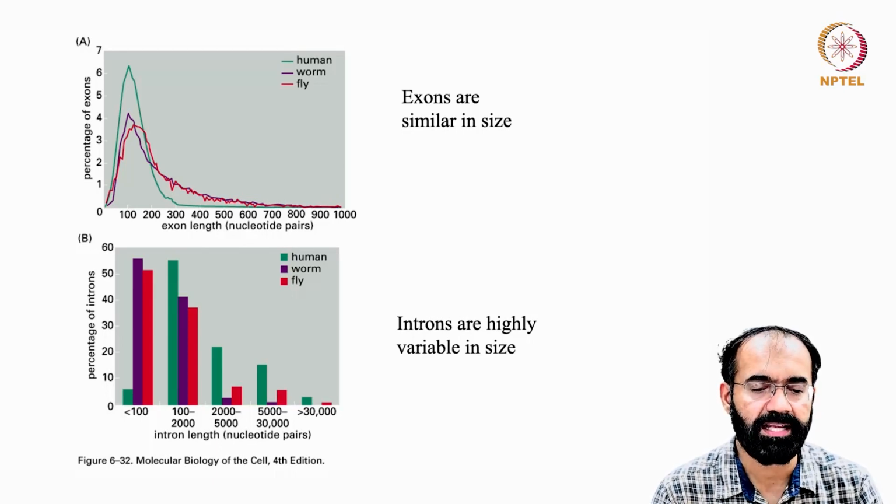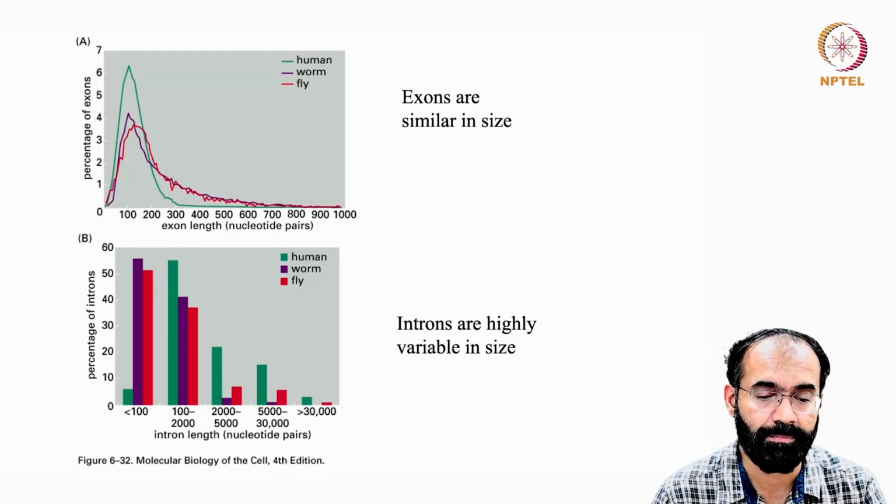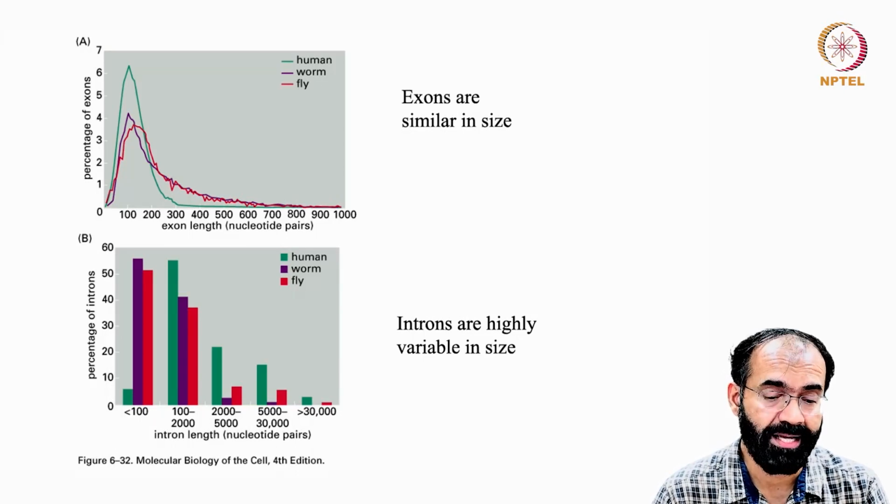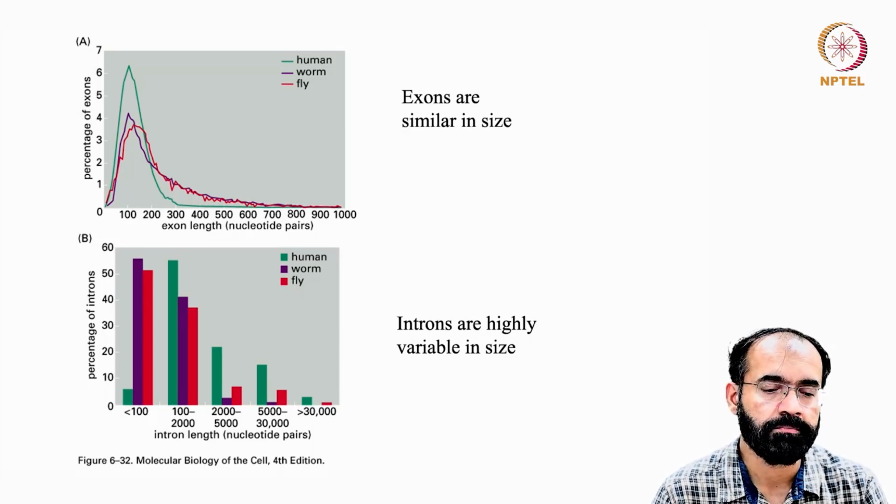Some exons can go as long as 1000 bases, but their frequency, their percentage representation, is very low. So exons are reasonably small; they don't have huge size.